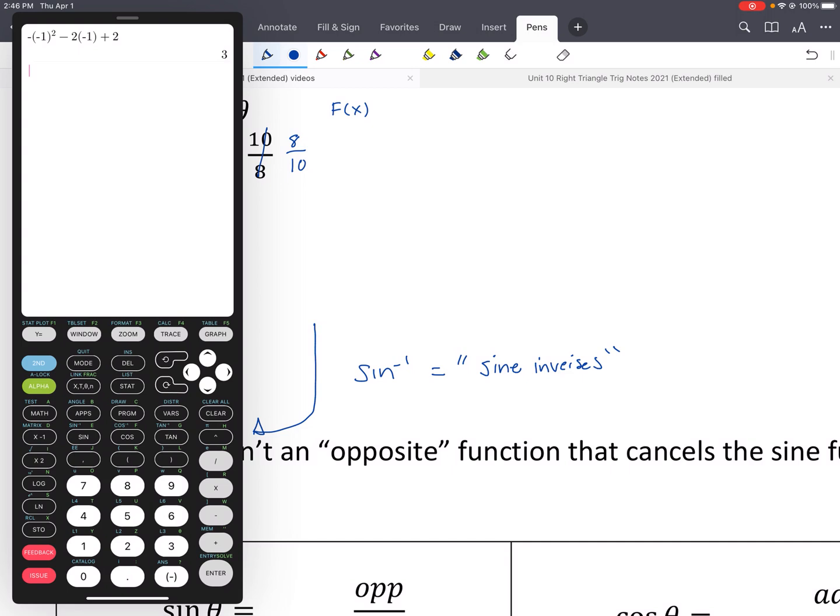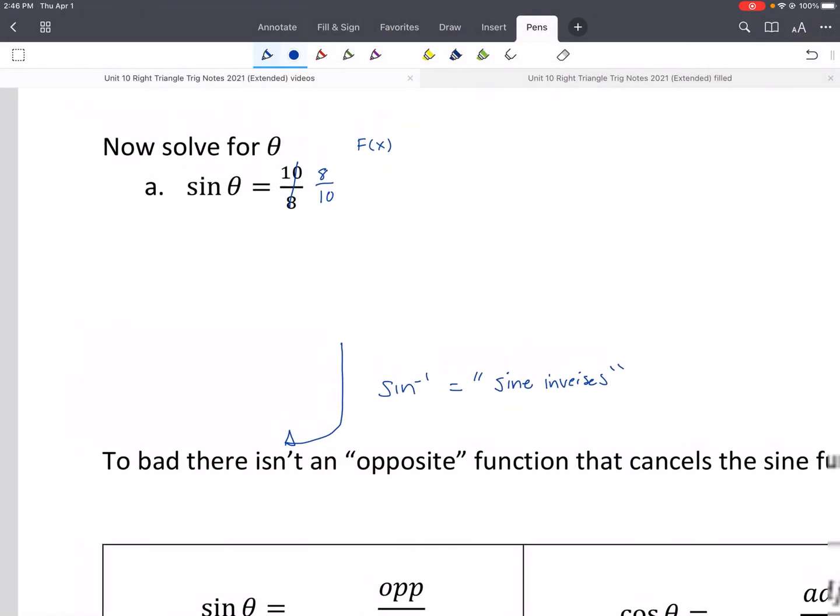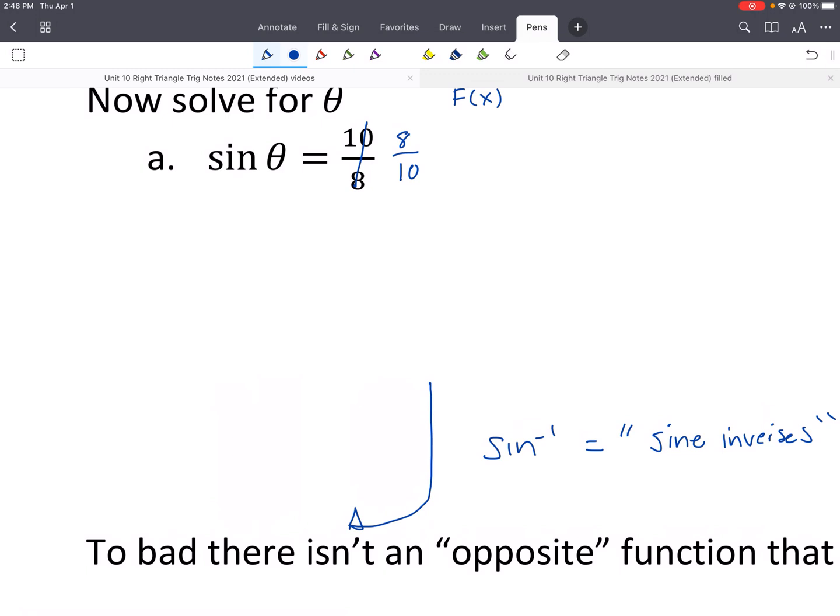All right, so if we want to get theta by itself, what we would need to do is take sine inverse of both sides. I kind of messed that up. Let me erase that part off. Okay, so we would do sine inverse. So what do sine inverse and sine do?